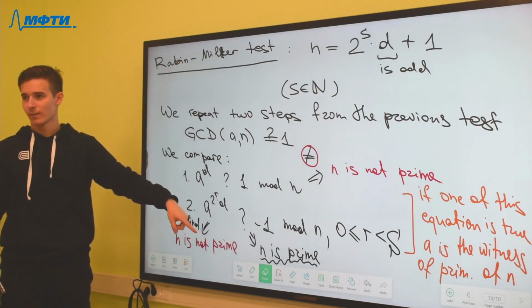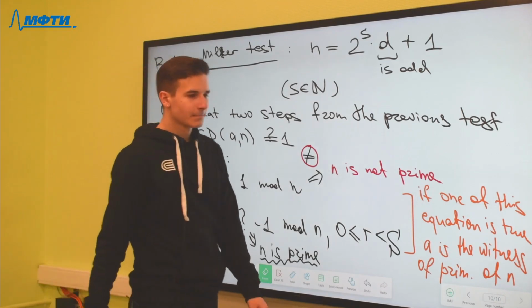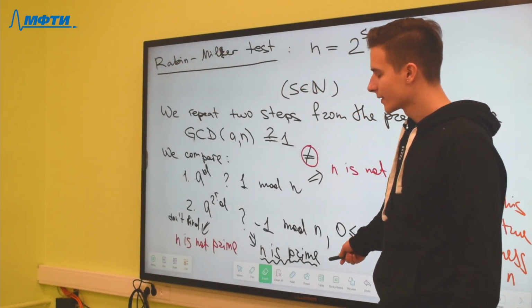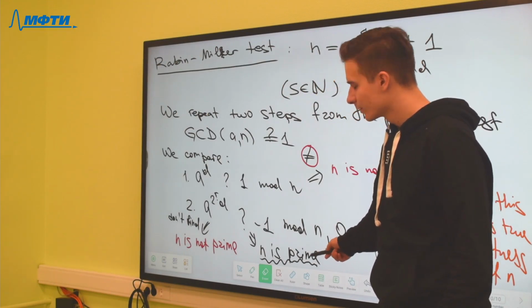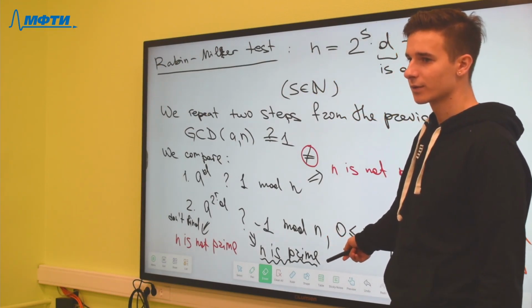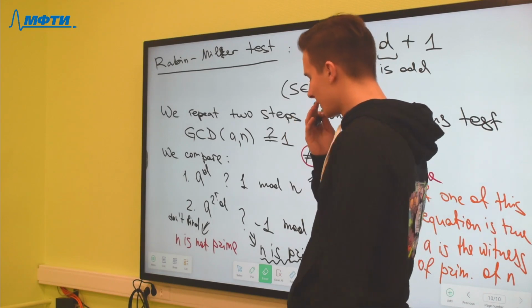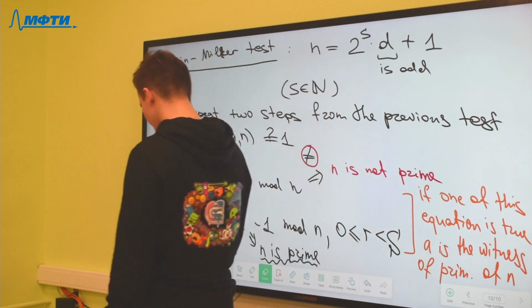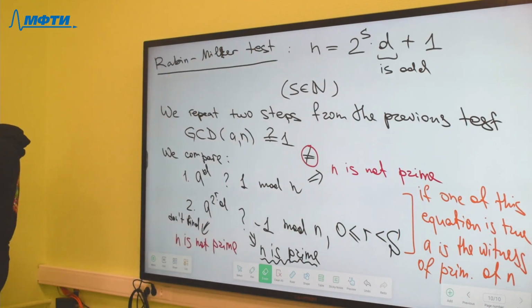Okay? But of course, you have a probability that you got a wrong answer, and you need to understand it. Okay. It's about tests connected with number theory.